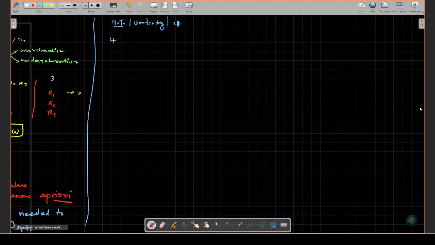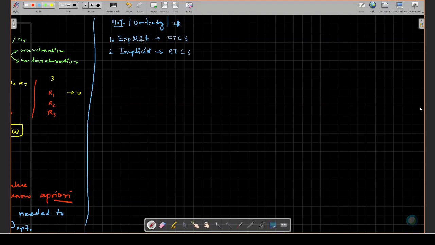We have shown you one explicit method where we do not need to solve simultaneous equations, and that method was forward in time and central in space that we have chosen. And secondly, we have gone for implicit method. One of the methods was BTCS.